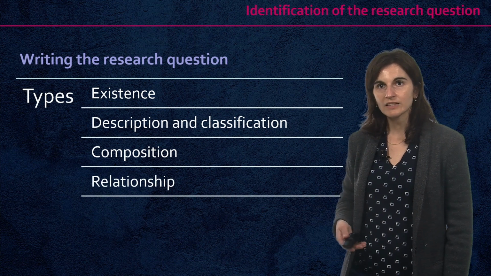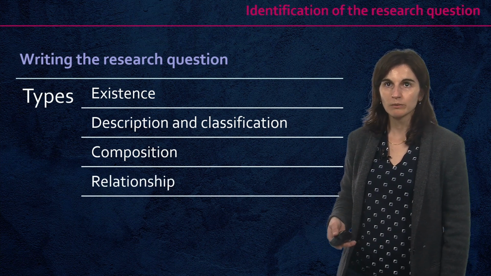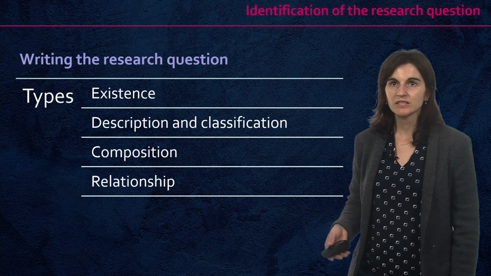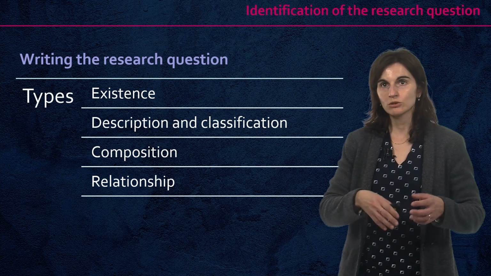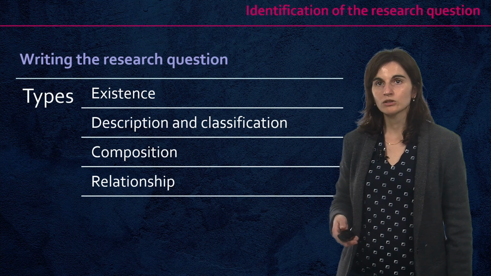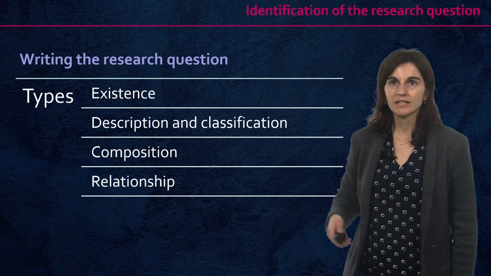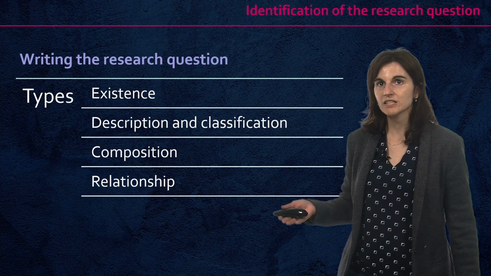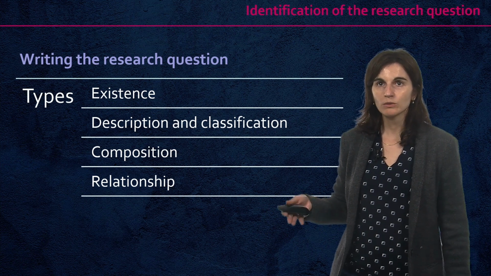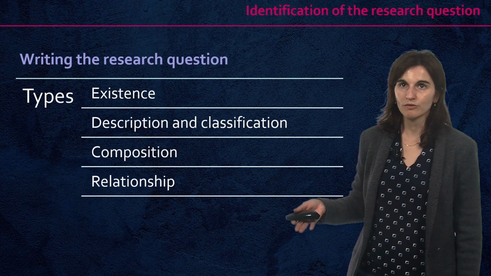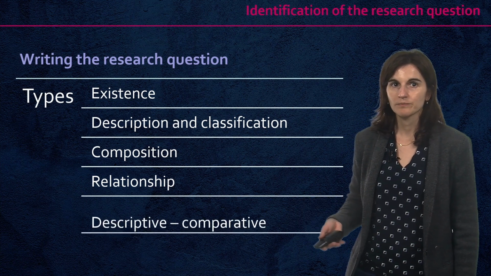Also, we can analyze the relationship between different variables, for instance characteristics of a student's profile and variables about performance in school, such as the grade average, dropout, or other indicators of success in education.